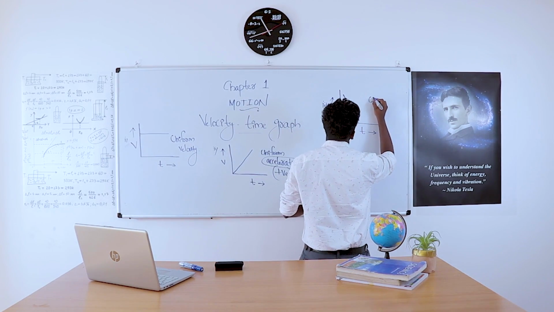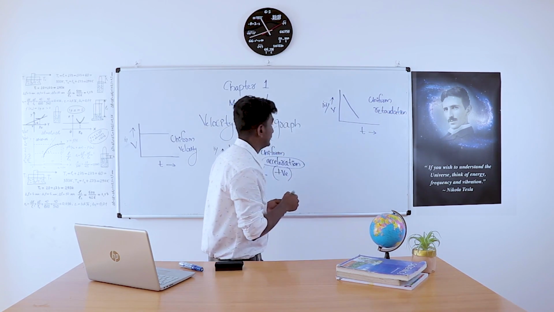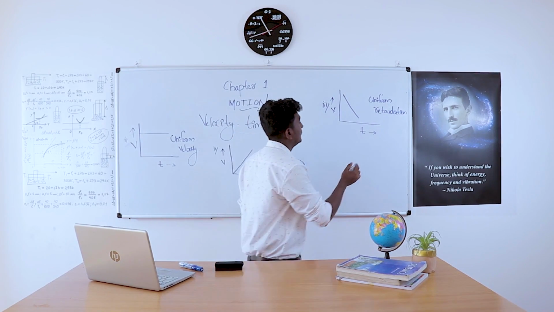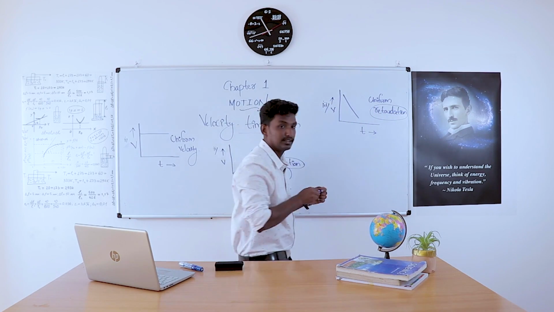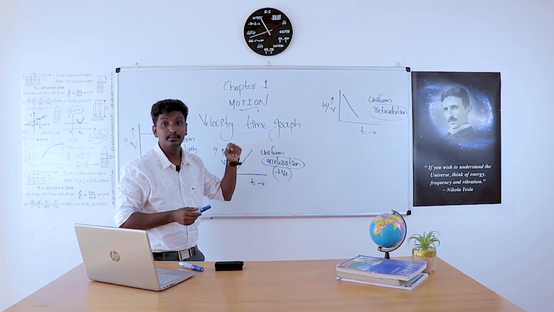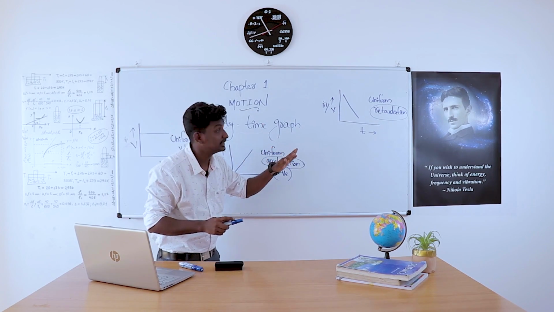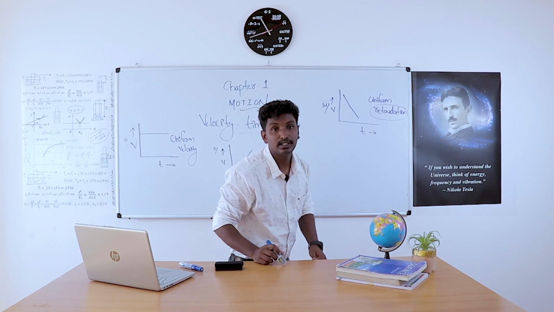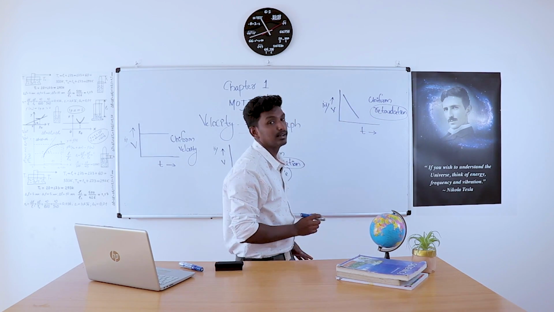The nature of this graph is uniform retardation. Now again you may be confused with the term retardation. Retardation simply means negative acceleration. Whenever the acceleration becomes negative, then it is called retardation. We will explain this term also after our graph.